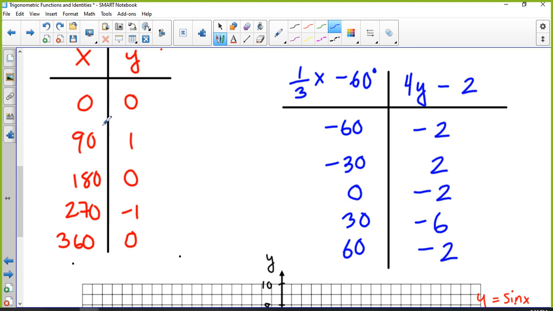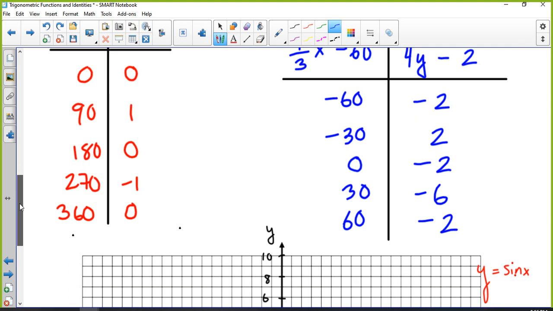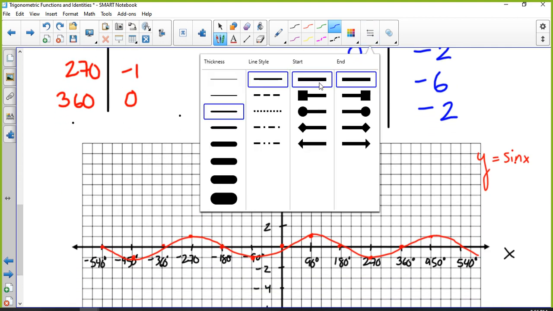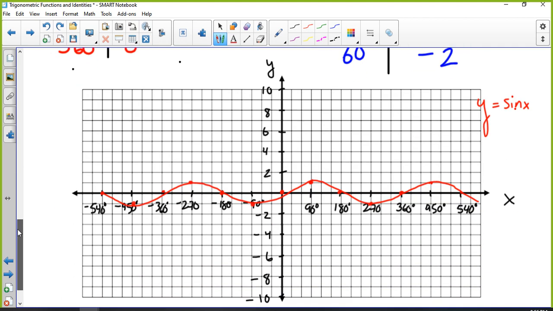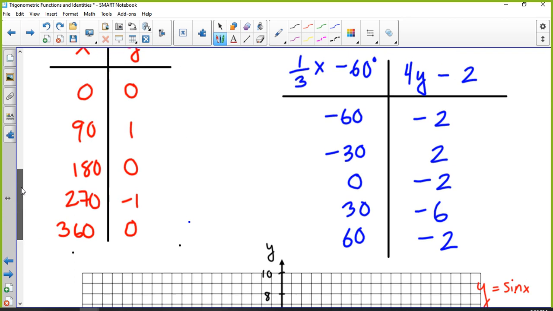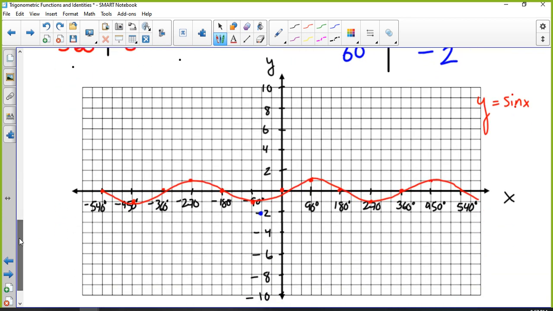So these are our new points. These 5 points, 1, 2, 3, 4, 5, got translated into these new 5 points. I'm going to plot these new points. So each of these blue points: negative 60, negative 2. Remember, each box counts for 30 degrees, so negative 60 is over here, negative 2 is right there. Then the next point is negative 30 and 2.